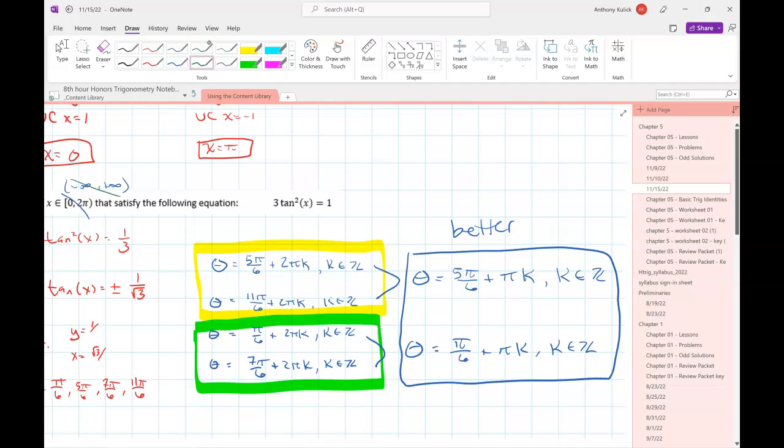What if instead this was written as from negative 4 pi to 6 pi, if I wanted the answers there?